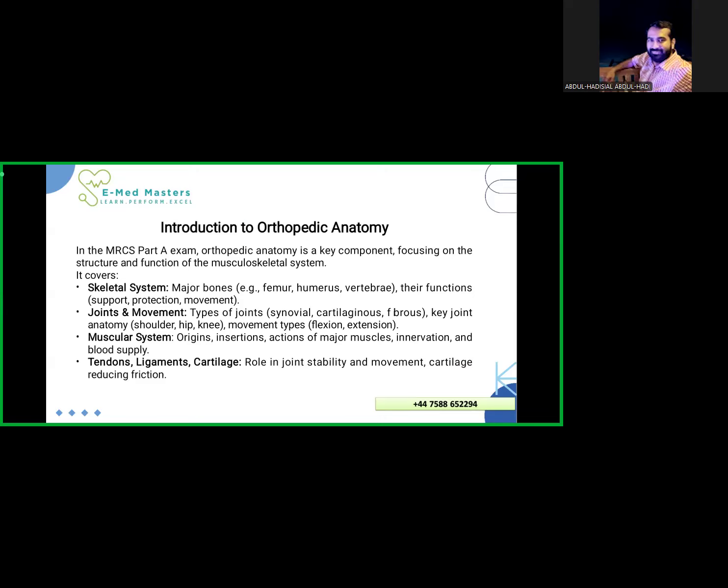In Part A there are two exams, paper one and paper two. In paper one, there are about 90 MCQs directly from anatomy, and in MRCS paper two, there are approximately 40 MCQs directly related to surgical anatomy, trauma and orthopedic surgery. So you can see how much bulk the anatomy portion carries.